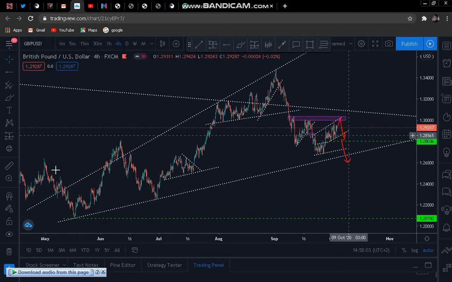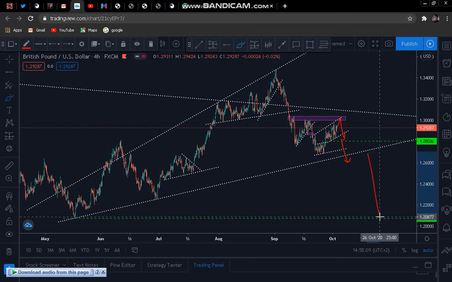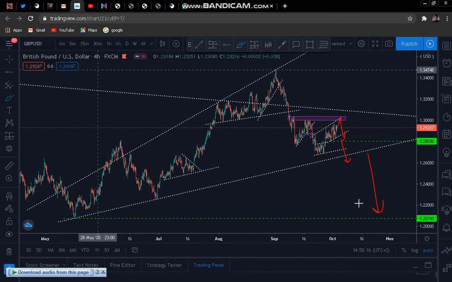This will be the area that we look forward to trade in the future.